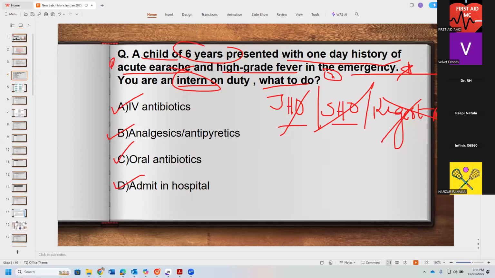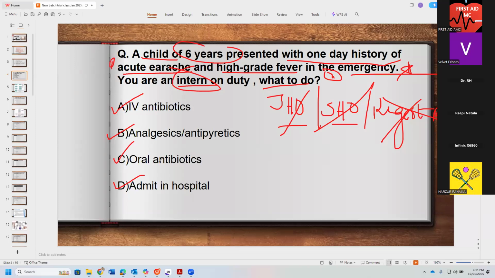This question is about a common problem encountered in the emergency department, and it helps you triage whether this patient needs to be admitted, needs antibiotics, or can be given something and sent home after safety netting.